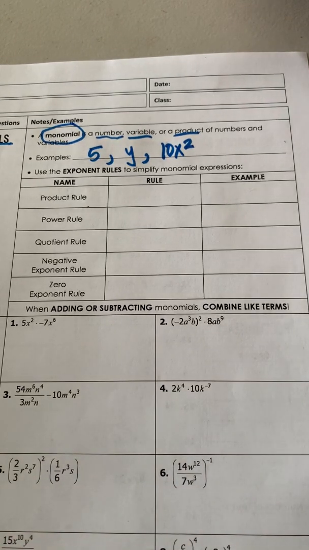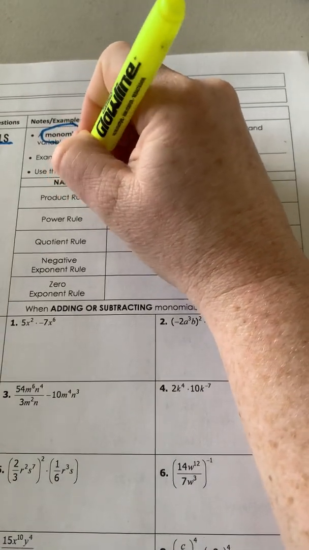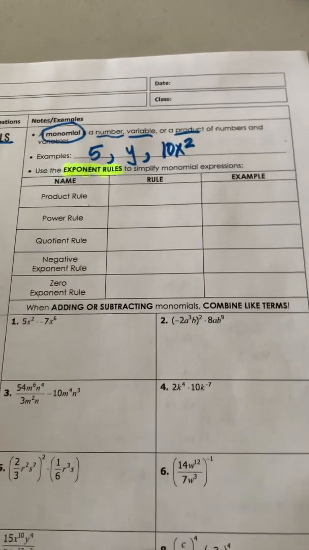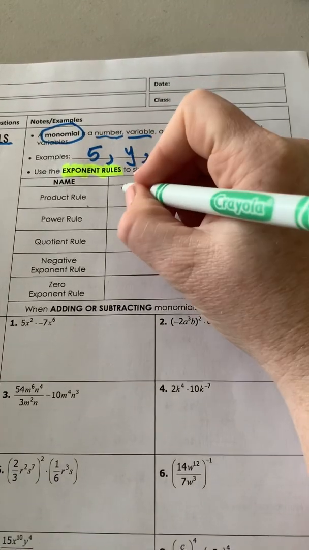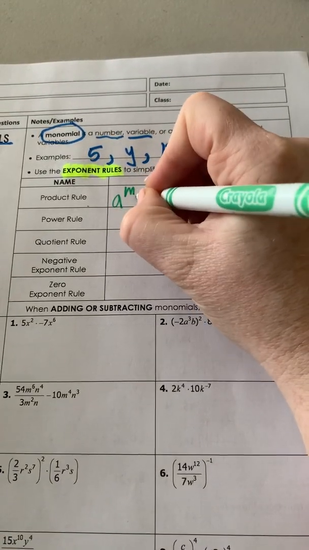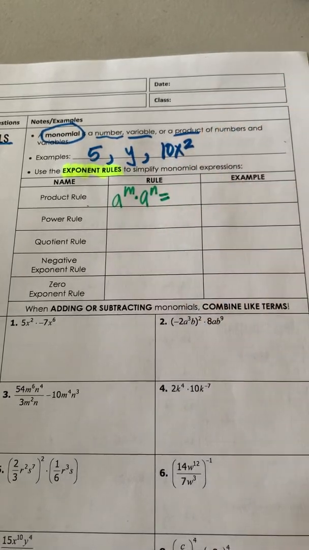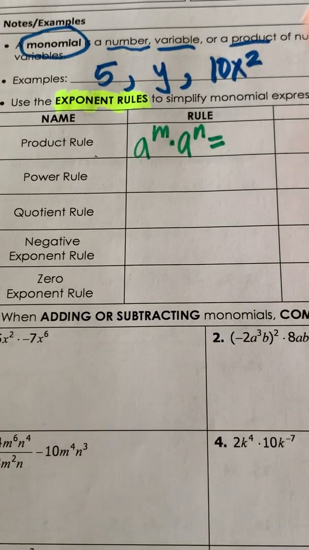Okay, exponent rules. And we're going to go back over what those are. So the product rule means when you're multiplying monomials, that's what a product is. So something like a to the m times a to the n. What would that end up being? For product rule, you're going to add m plus n.